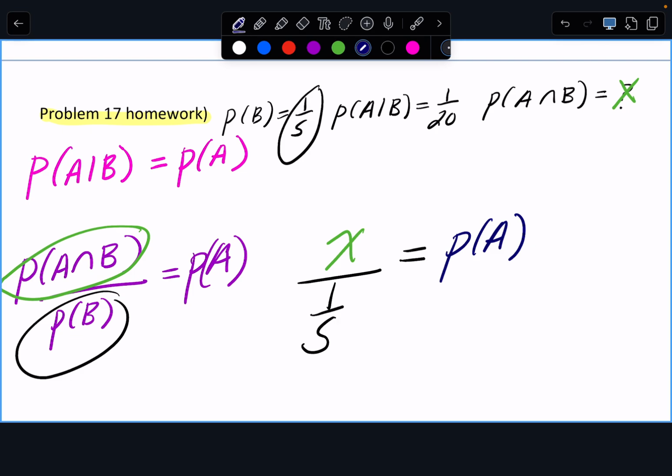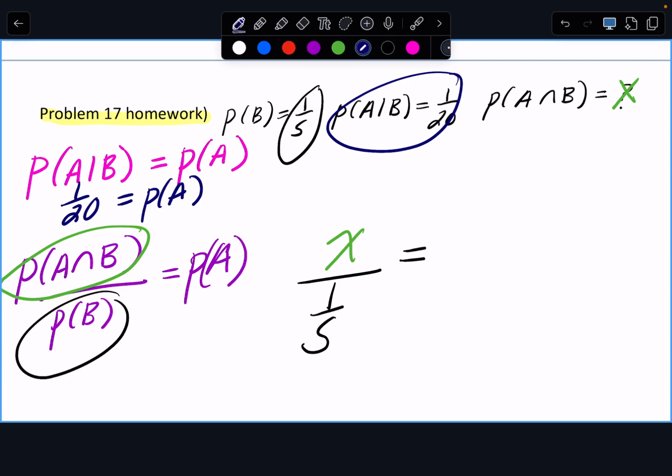Exactly. So in a roundabout way we do, because look, isn't 1/20th that? 1/20th equals probability of A. So do we actually indeed have probability of A? Yes. We do. We got it from the first formula. So I used both formulas in that one.